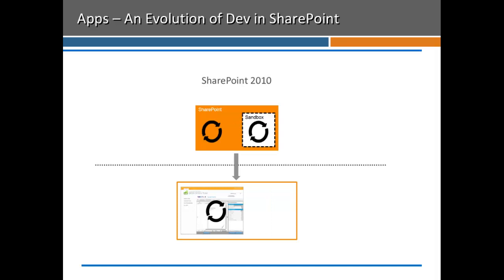And with SharePoint 2010, customizations could be deployed to the farm as well. It also provided you a new feature called Sandbox, which was a good way to isolate your applications, but in the end, it was very limited, and most people didn't use it because it was so limited.